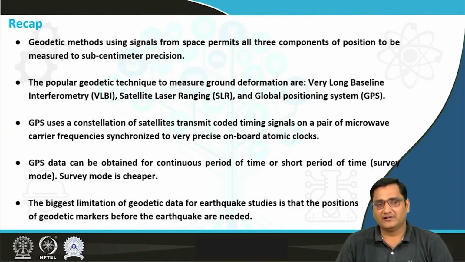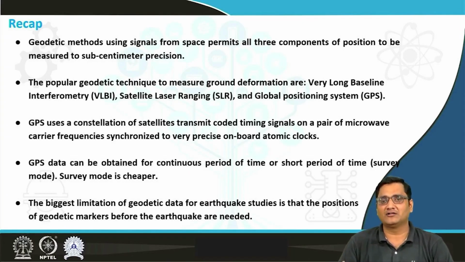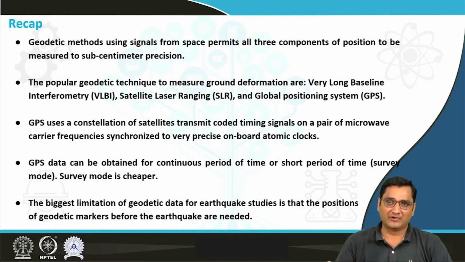The biggest limitation of geodetic data for earthquake studies is that the position of the geodetic marker before the earthquake must be known. That means you should have some idea about the location of the incoming earthquake. Maybe you can install your GPS in a relatively active seismic region such as northeastern India, where so many thrust faults are there, and which is known to have a lot of earthquakes in past history.